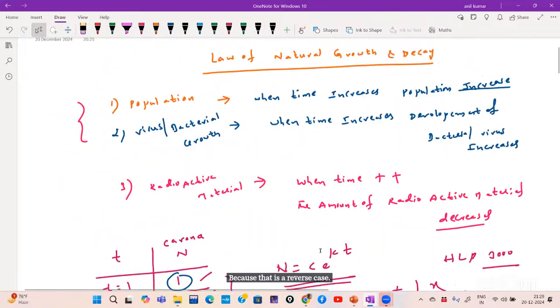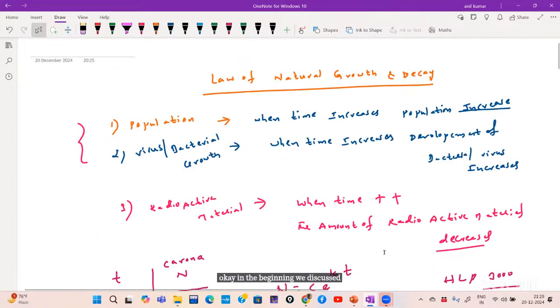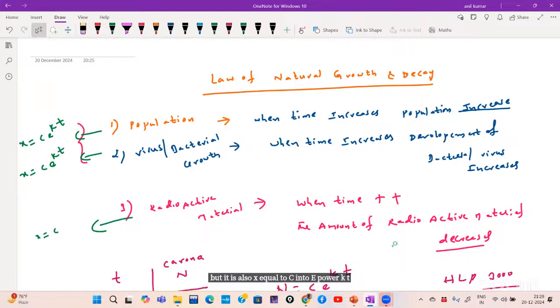In the beginning we discussed, when the time increases, the amount of the radioactive material will decrease. That is why it is x equal to c into e power minus kt. That is the most important thing here.